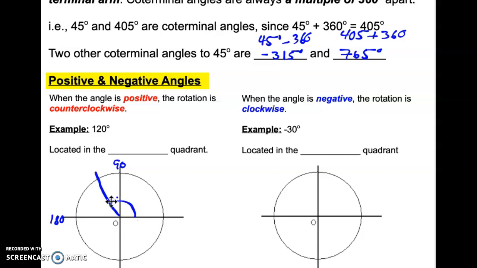So 120 would be about there, and that is in the second quadrant. Negative 30 degrees, because it's a negative angle, we measure it in the clockwise position. So we go down 30 degrees clockwise. So this right here is our negative 30 degrees. And that is found in quadrant 4.